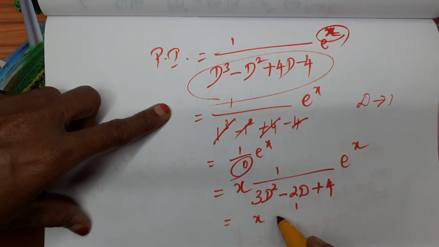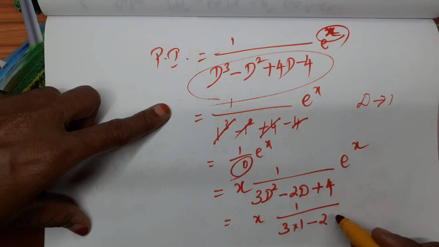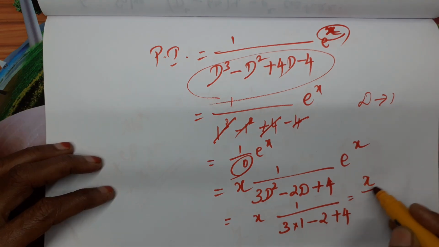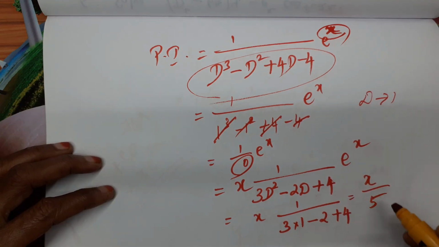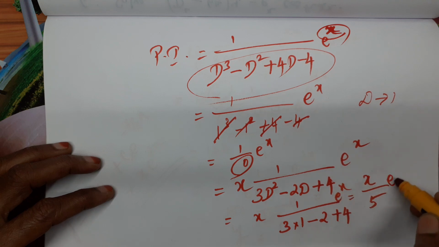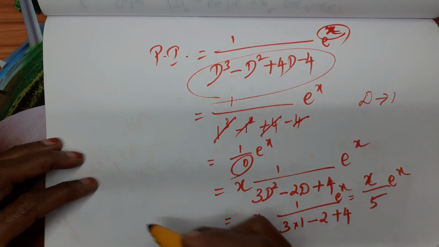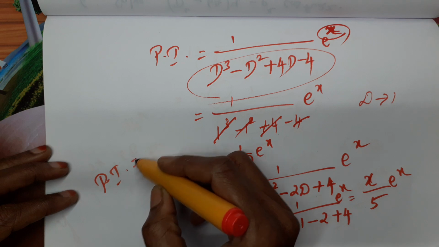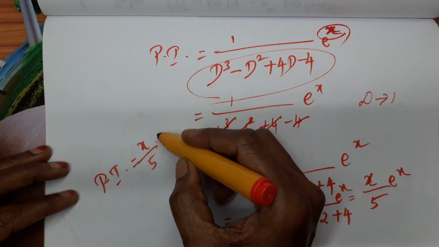Now replace D by 1. So 3 into 1 squared is 3, minus 2 into 1 is 2, plus 4, which is equal to 5. So PI is x by 5 e power x.